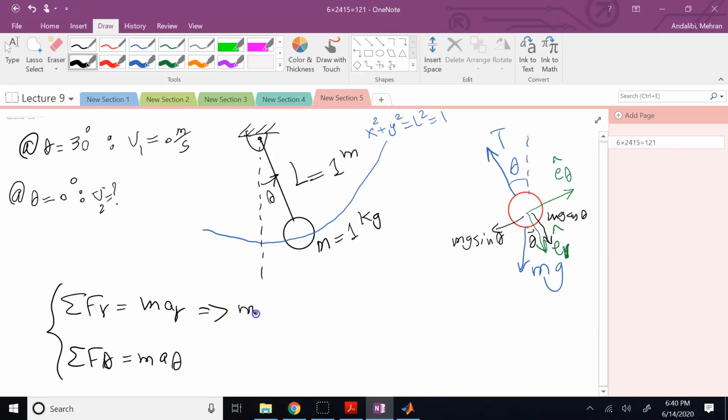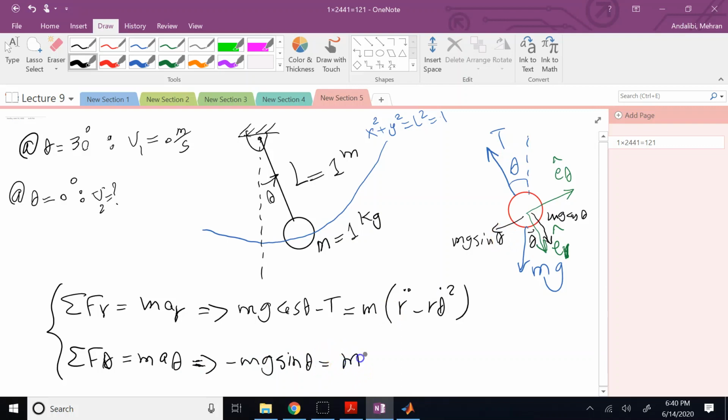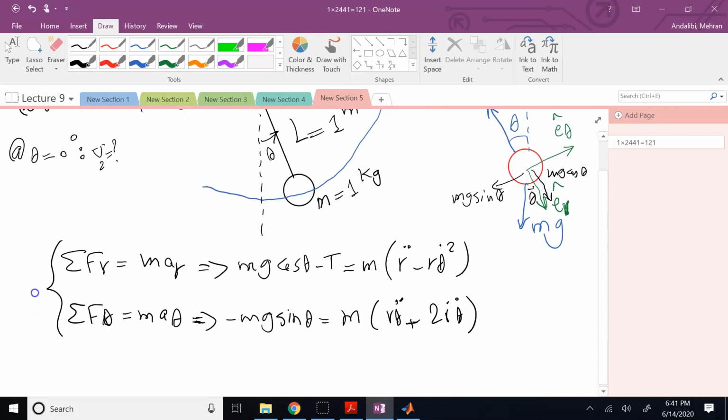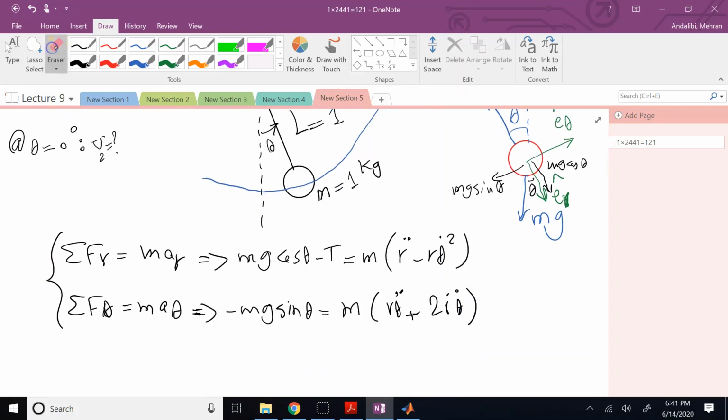So it is going to be mg cosine theta minus T is equal to m times, and you know a_r is r double dot minus r theta dot squared. This one, on the other hand, is going to be negative mg sine theta, negative because it is in the opposite direction of theta, is equal to m a_theta, and a_theta is r theta double dot plus 2 r dot theta dot. Okay, so these are our governing equations.